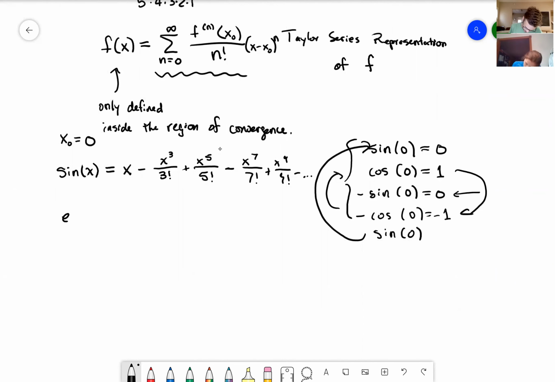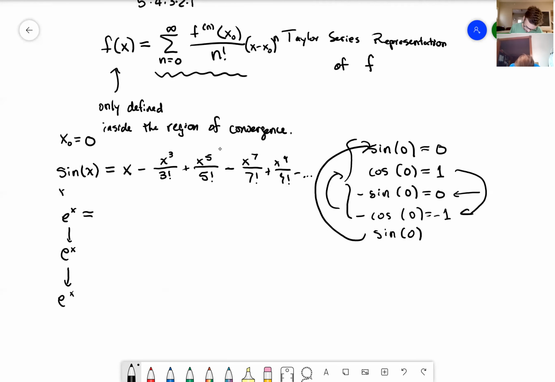e to the x, its derivative is e to the x, and its derivative is e to the x. So it's even easier in this case to figure out what the values of the derivatives would be. So if we wanted to plug it into this formula, we would just get e to the x is equal to f, any derivative of f evaluated at 0.